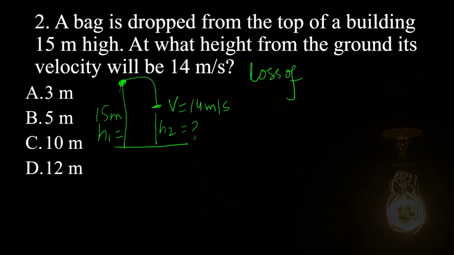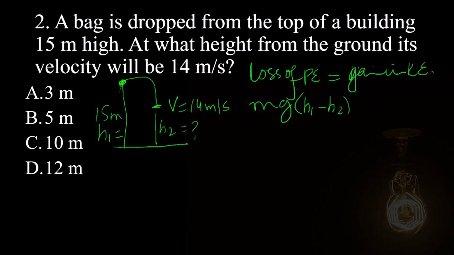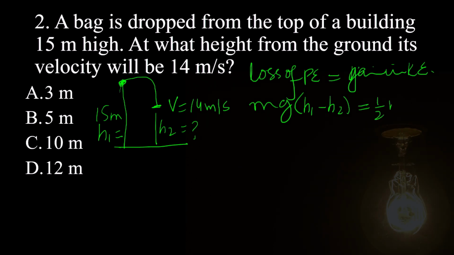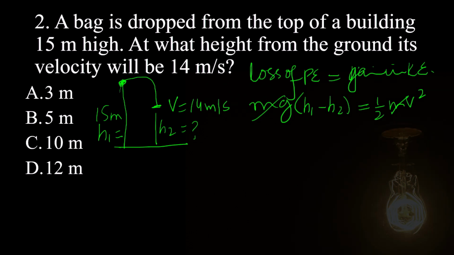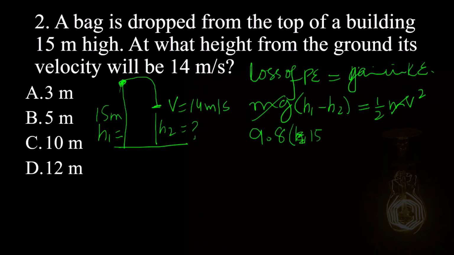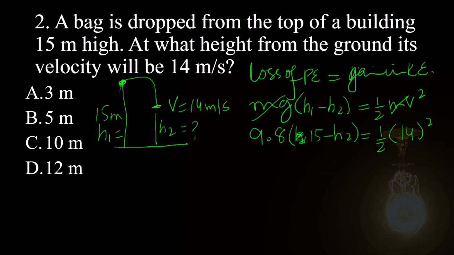So we are going to use the formula that loss of potential energy is equivalent to the gain in kinetic energy. The formula of potential energy is mgh, but we are going to write it like this because one height is given and one is unknown, and the kinetic energy is half mv square. After cancelling out the masses and substituting the values, gravity is 9.8 and the height is h1, which is given, 15 minus h2, and half of 14 square.